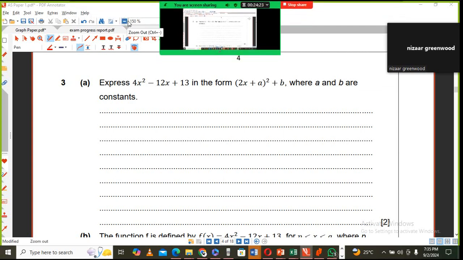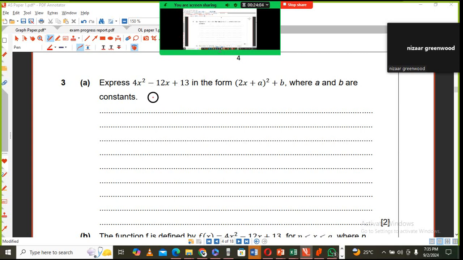However, guide me through how you got it, because there are many ways you can do this one. I divided by the 4. All the terms are divided by 4. And then I used the completing the square method.